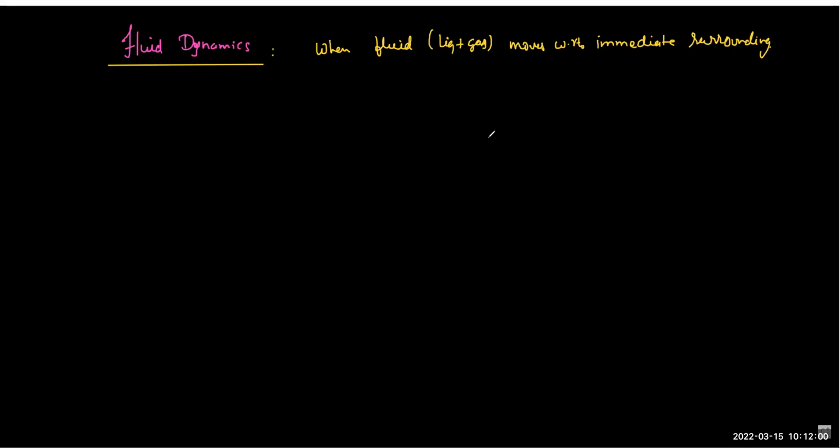So when fluid moves with respect to the immediate surrounding, then it is said to be in a dynamic state. So in dynamic state, we define certain features of fluids.